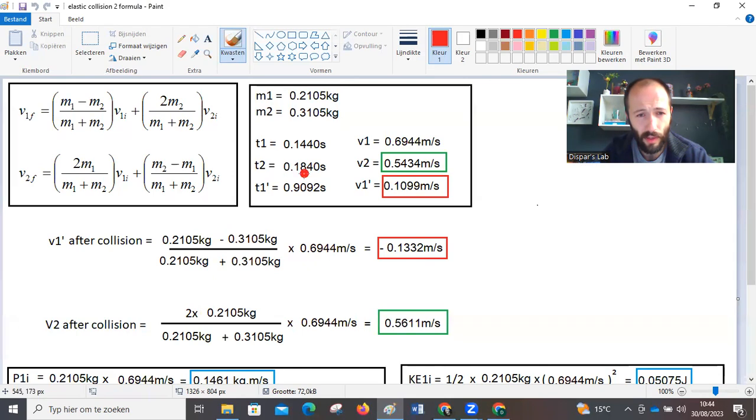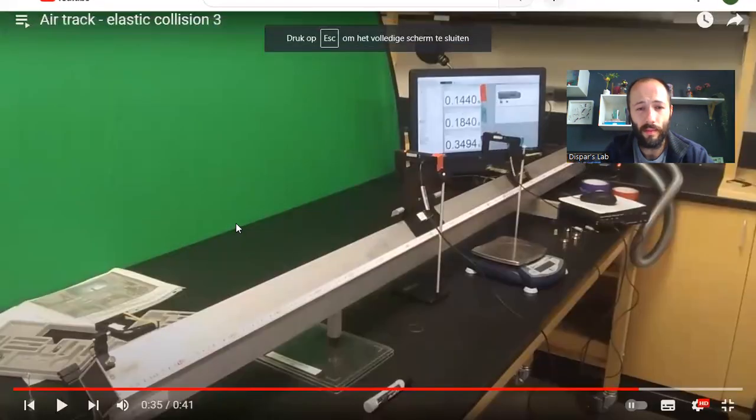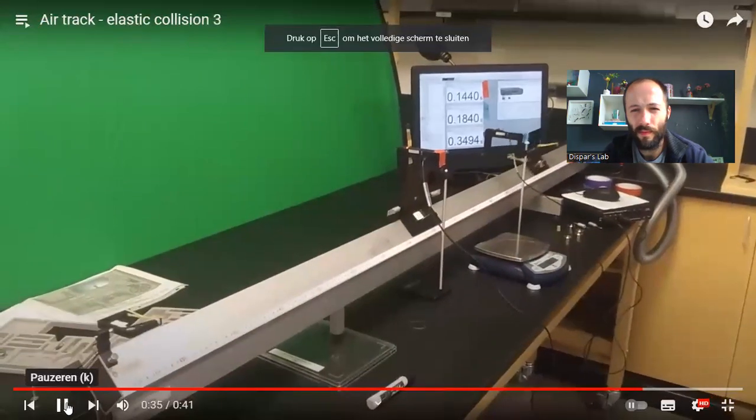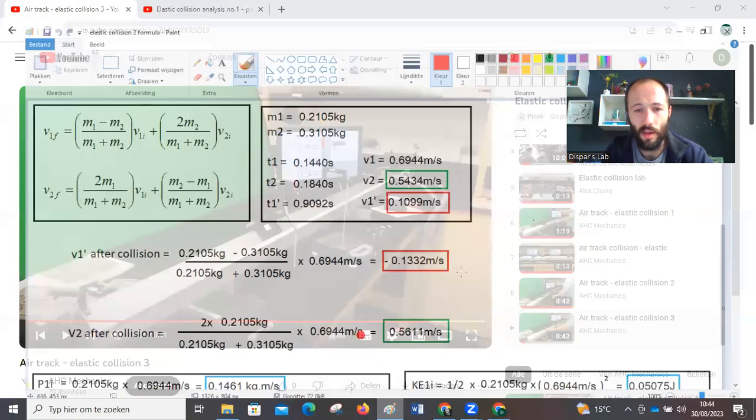And now part one will bounce back, which we see over here. That's the timing of part one of the reflection: 0.9092.